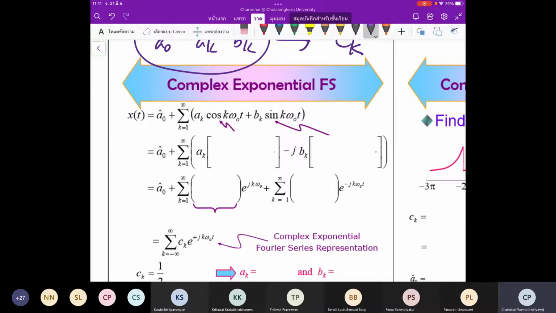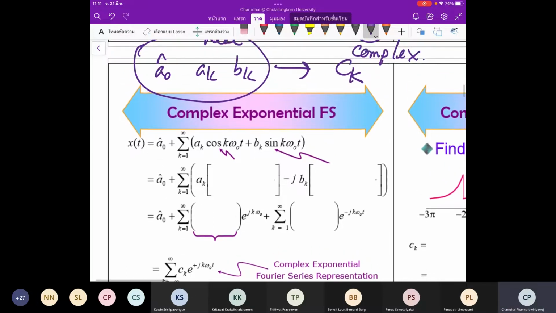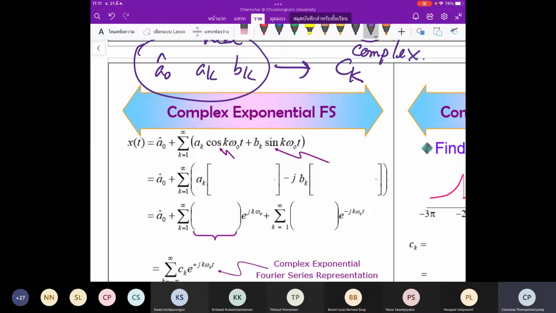We apply the Euler formula, which is e to the j k omega naught t plus e to the negative j k omega naught t, all over 2.